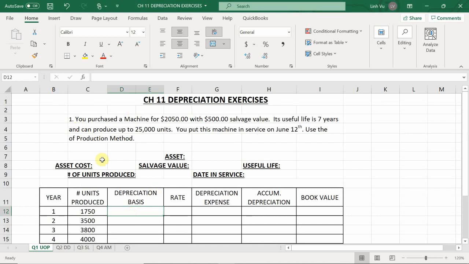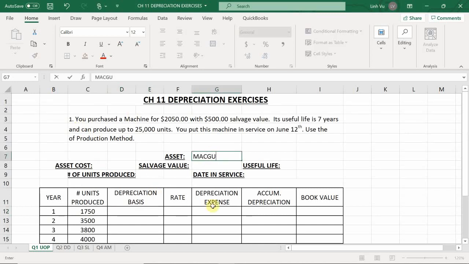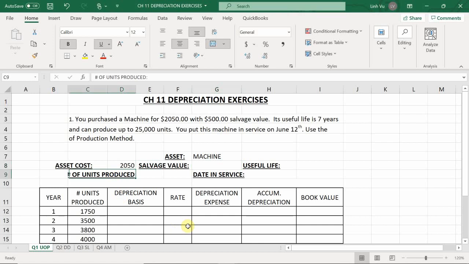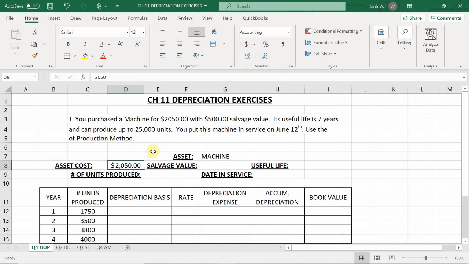Let's fill in our table here. What did I buy? I bought a machine. And how much did it cost me? It cost me a total of $2,500. It has a salvage value of $500.